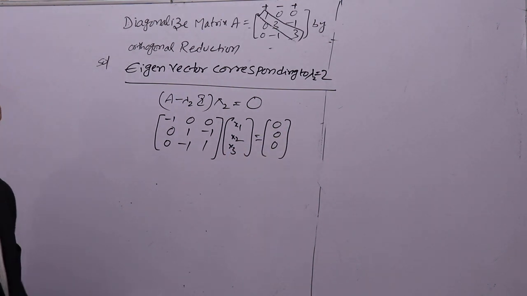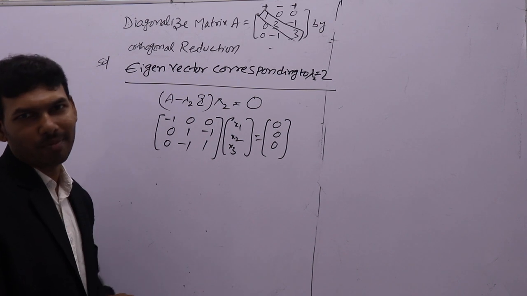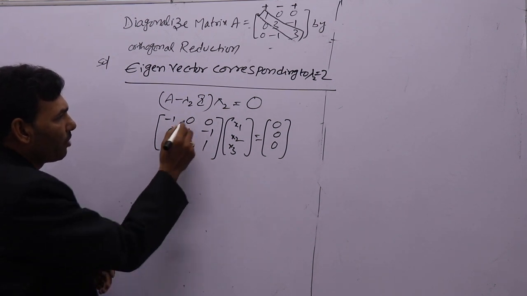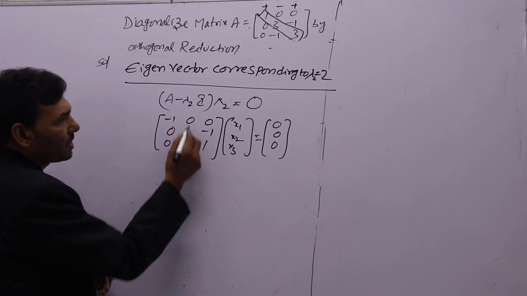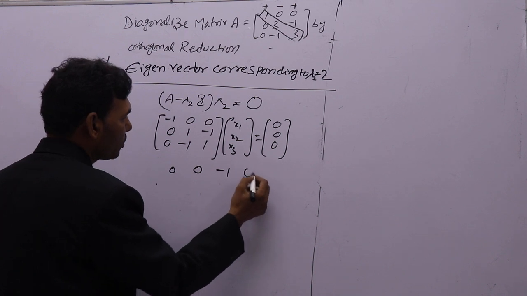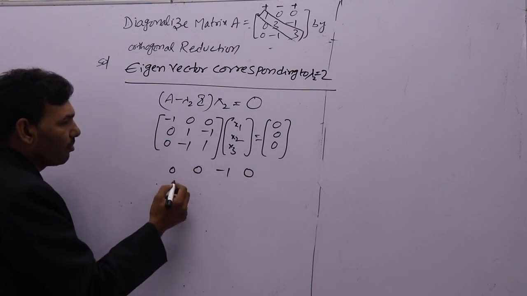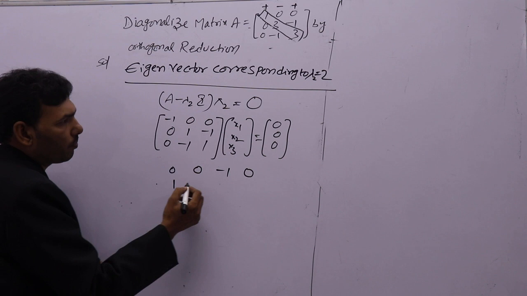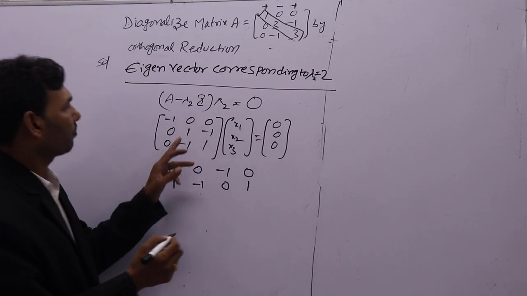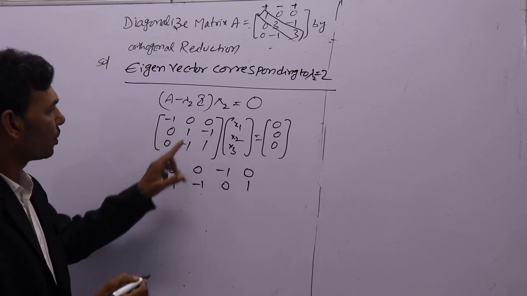Again the same procedure, writing any two rows from second element to second element: 0 minus 1 0, and here 1 minus 1, 0, 1.